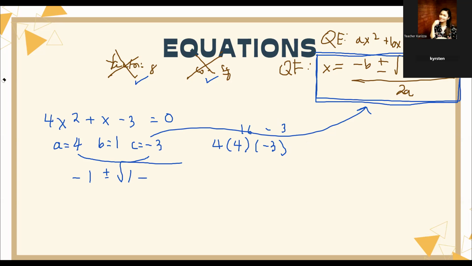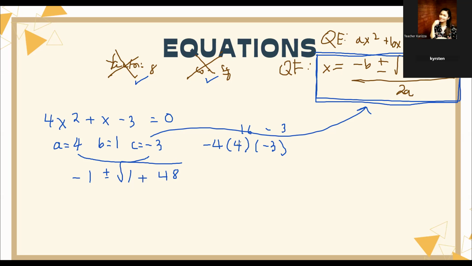And this is negative 4ac, so plus, right?